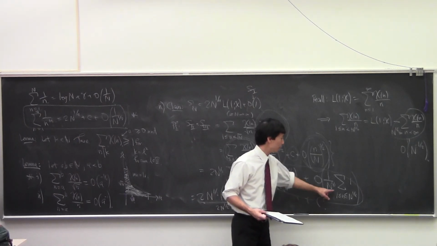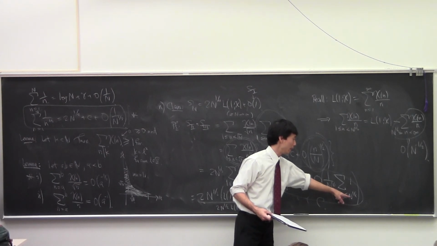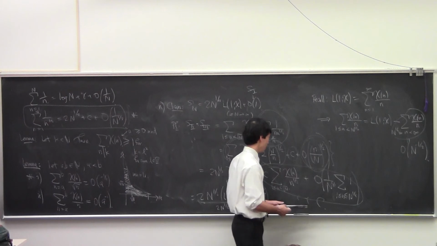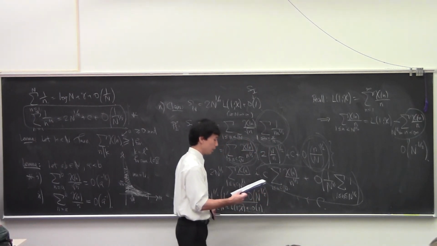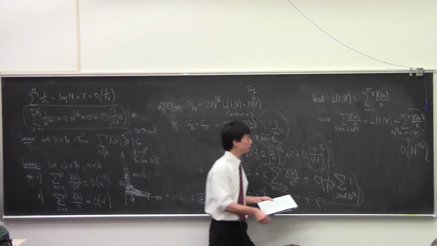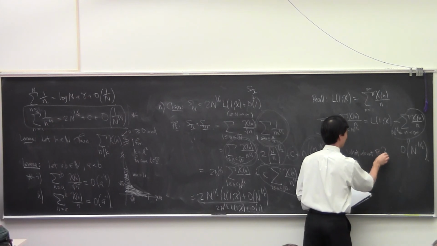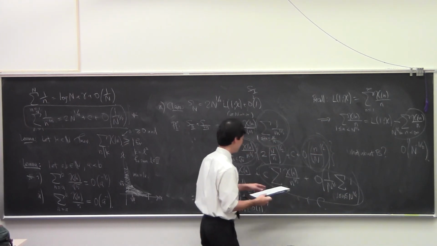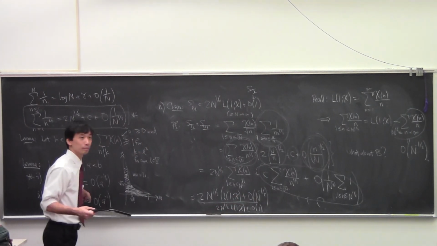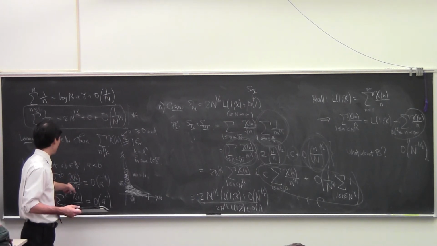Well, C is clearly on the order of a constant. It's a sum of 1 up to n to the half divided by n to the half. So that's constant. So the only thing we have to worry about is B. So what about B? Again, we just use the lemma. B falls with the lemma here.